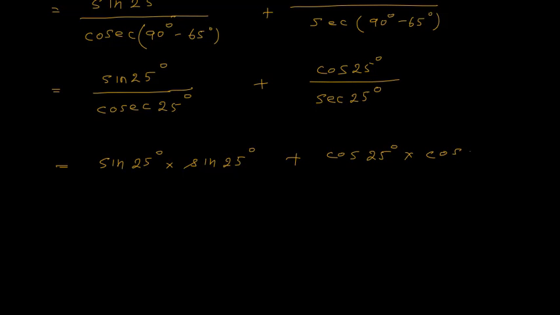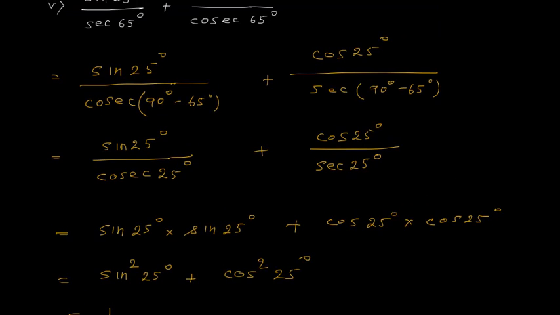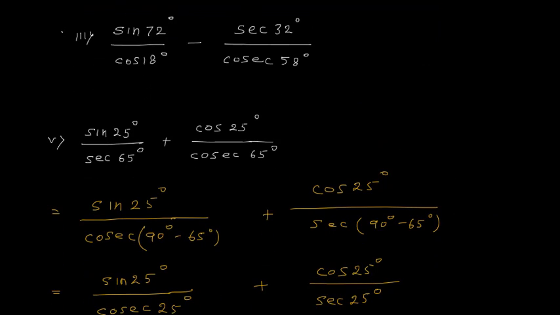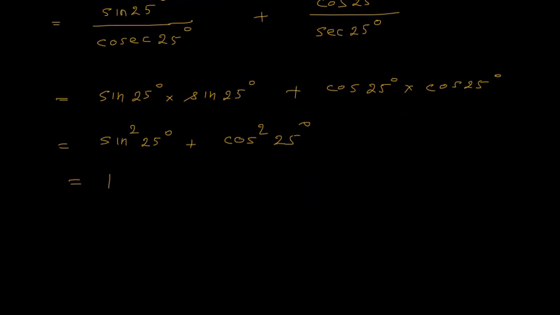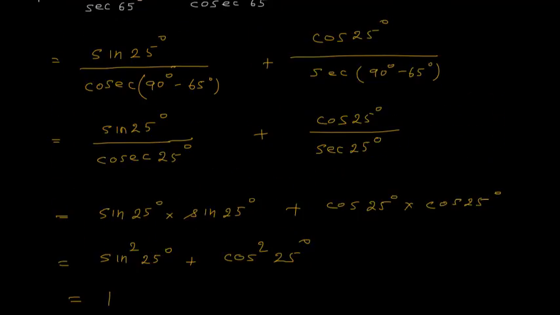Now sine 25 into sine 25 is sine square 25 degree plus cos square 25 degree. Now sine square theta plus cos square theta is 1. So sine square 25 degree plus cos square 25 degree is 1. So this fifth problem is a little different one, and this is how you can solve it.